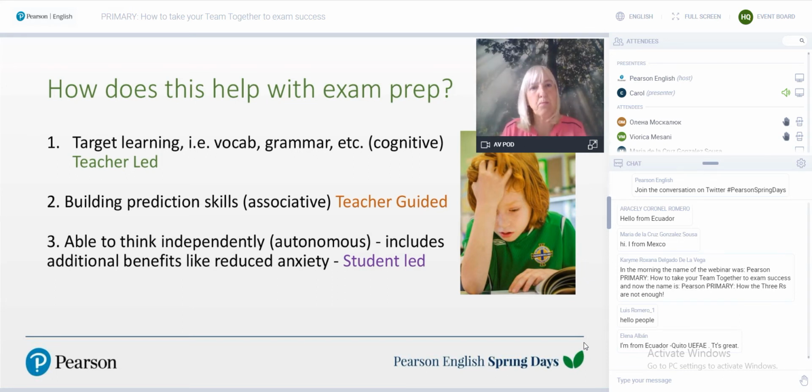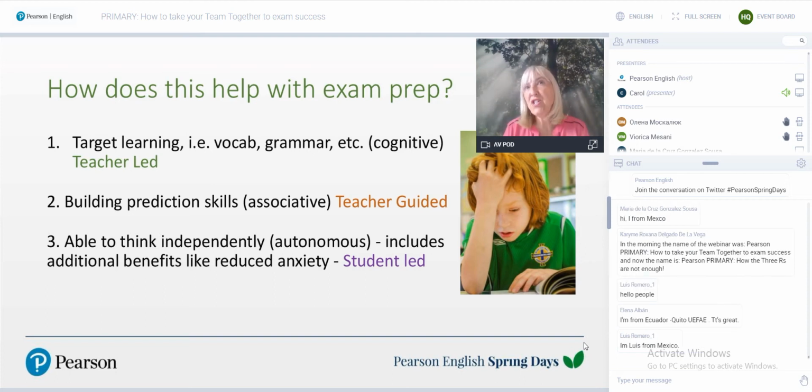But then, as we help students and we guide them towards making predictions, that's when the associative learning comes in. So at first, for young learners, if you're going to talk about food, you might show them a table with food on it and all the rest of it.